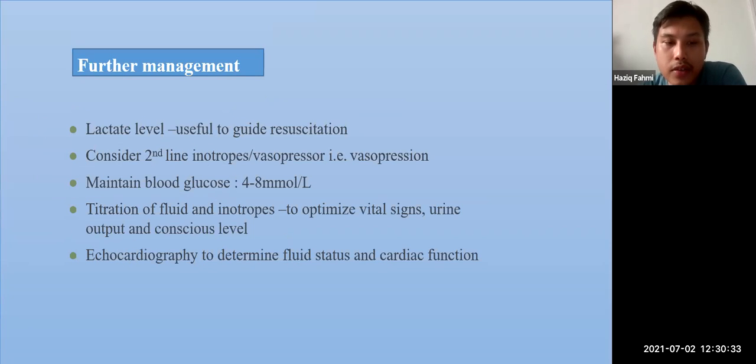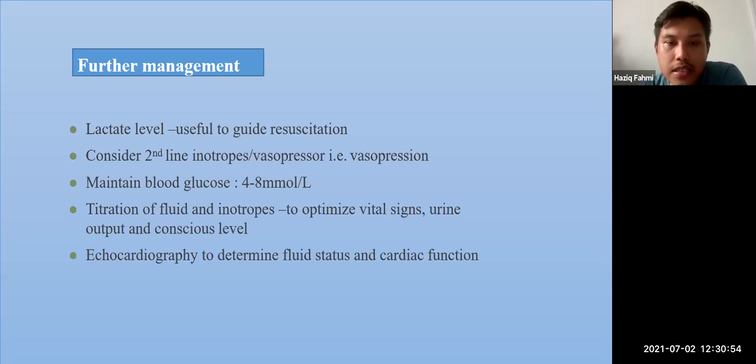So lactate level, as I mentioned earlier, is important to monitor the tissue hypoperfusion. So if patient has elevated lactate of more than 4 millimole per deciliter, we may need to do frequent sampling to guide for resuscitation.